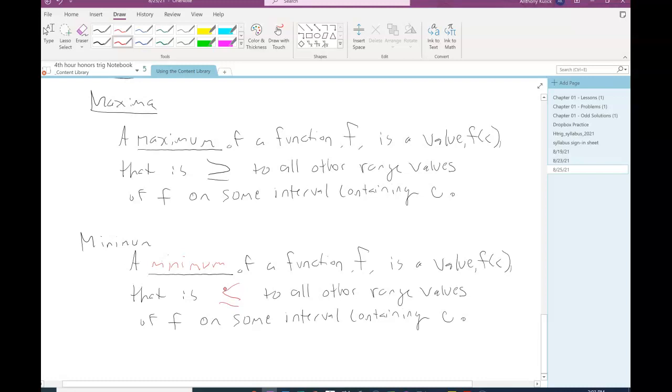So the minimum, same thing, except it's smaller than or equal to all the other range values on that interval. And we'll do some numeric, some pictorial examples to get you an idea of what's going on here.